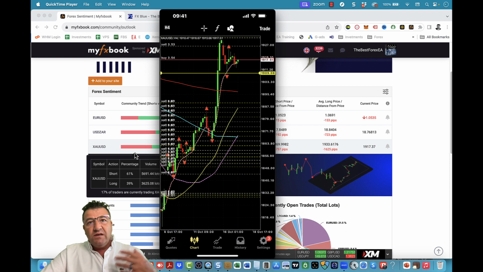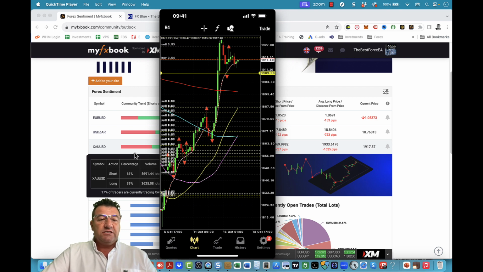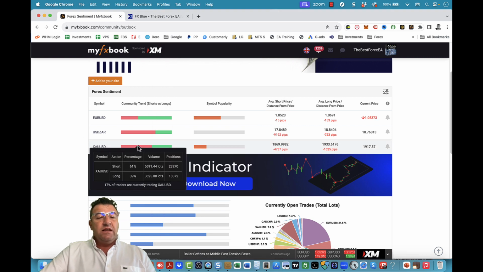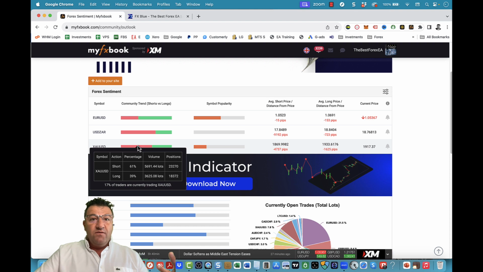So it would be obvious to say that most retail traders have the same sort of positions that we have open. As you can see, we are 61% short and only 39% of retail traders are long, which is very, very interesting. It gives us an indication of what's happening in the marketplace.